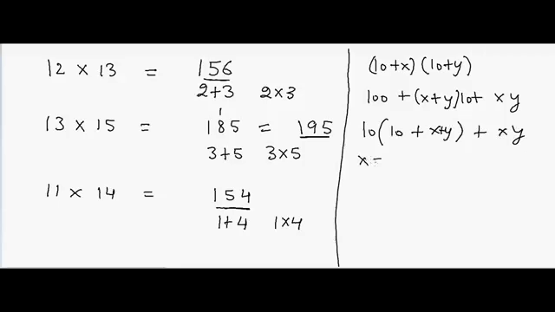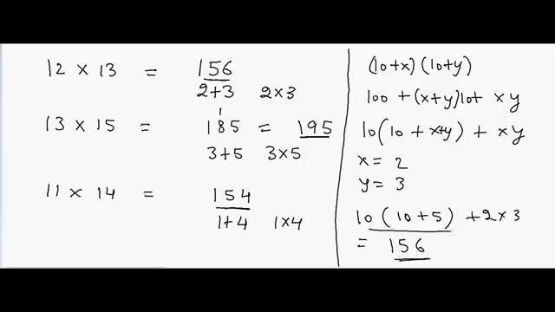So if x is equal to 2 and y is equal to 3, you can see it will be equal to 10 into 5 plus 2 into 3. So that will give me 50 and then 6. That's how this trick works.